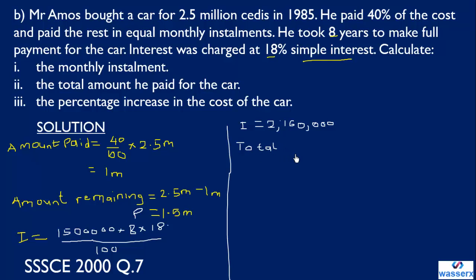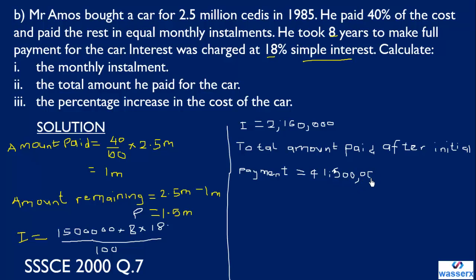Now the total amount Mr. Amos paid after the initial payment will be equal to the 1.5 million plus the 2,160,000 cedis.